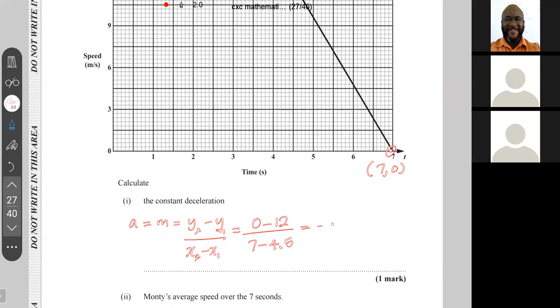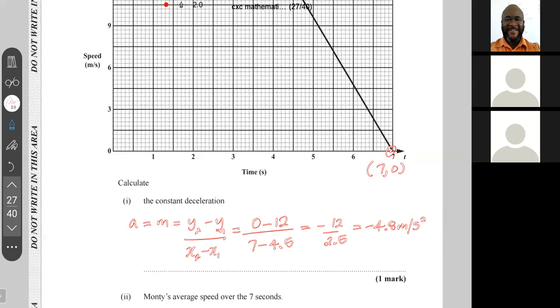This is minus 12 over, sorry, not 4.5, this is 2.5. Minus 12 over 2.5, using my calculator. And this says minus 4.8, and it's meters per second squared.